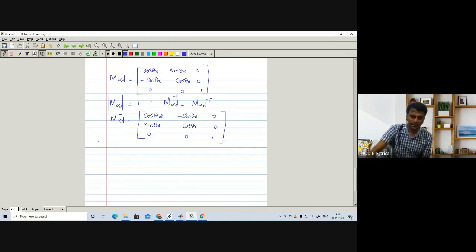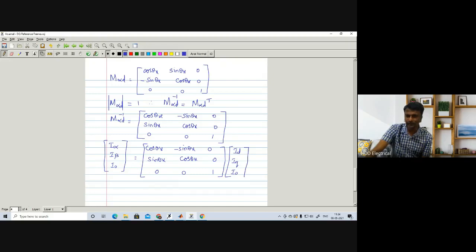So from this we can conclude the I alpha, I beta, I naught matrix is nothing but cos theta x, minus sin theta x, 0; sin theta x, cos theta x, 0; 0 0 1, into I D, I Q and I naught.